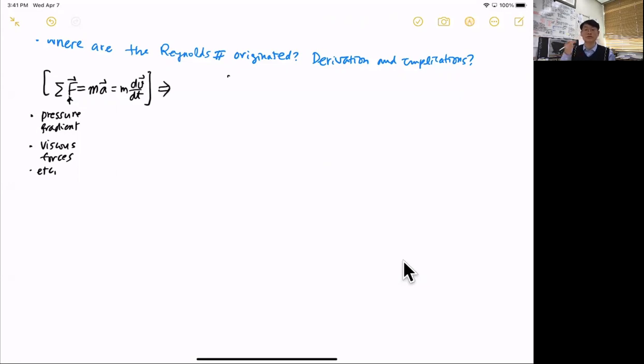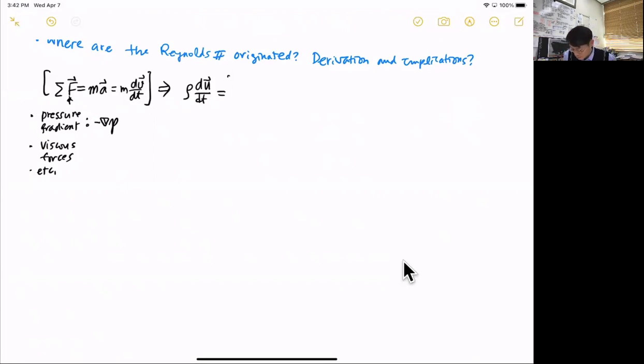Now that can be translated into fluid dynamics. So mass becomes density times dV, times the u vector d/dt. The pressure gradient can be defined as negative gradient p, because fluid flows from high to low pressure.